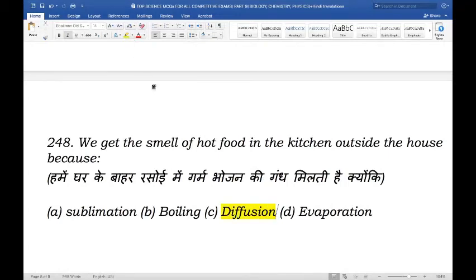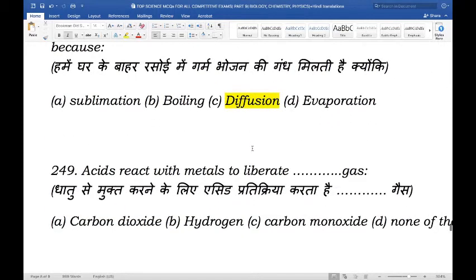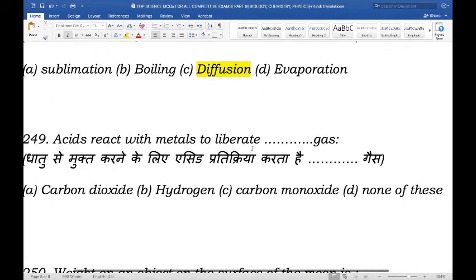Diffusion is the movement of substances from an area of high concentration to an area of low concentration. So in the kitchen, there is a high concentration of smell, which will eventually diffuse into the lower concentration present outside the house. Let's move on to the next question.